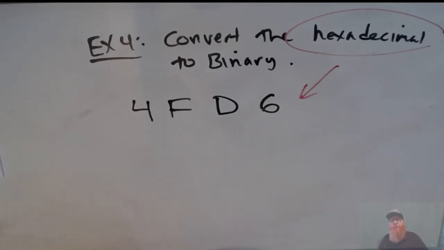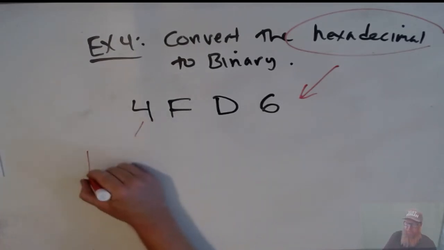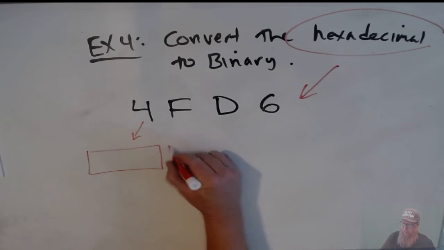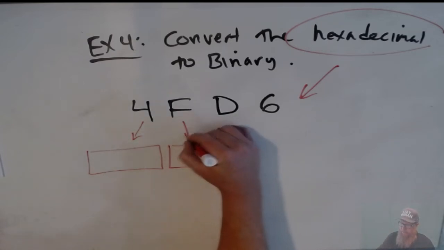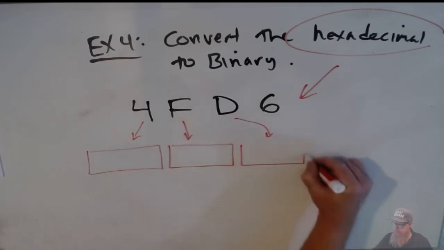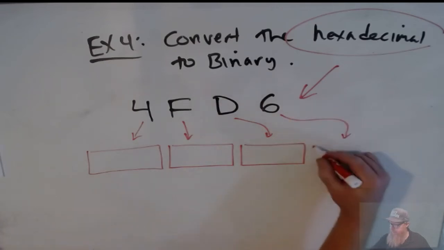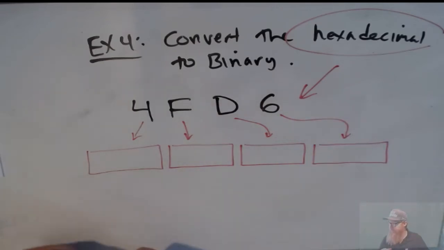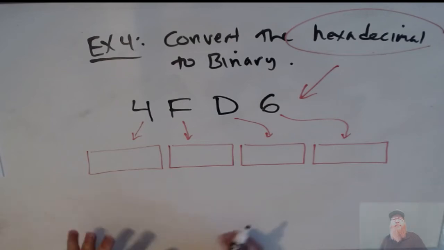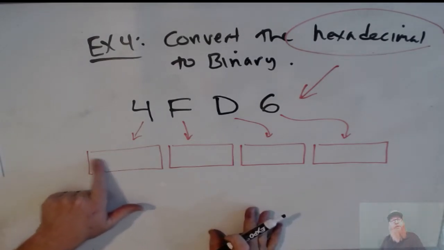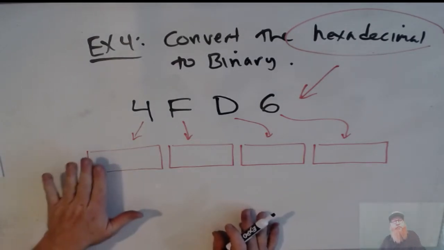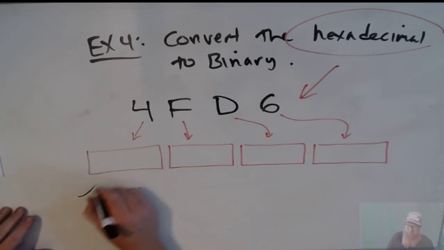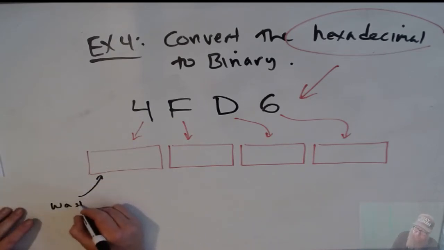Okay. So we're going to need 4 bits for each digit. If you have any leftover space, make sure leftover space always goes to the far left. So if there's any wasted space, there might be some.